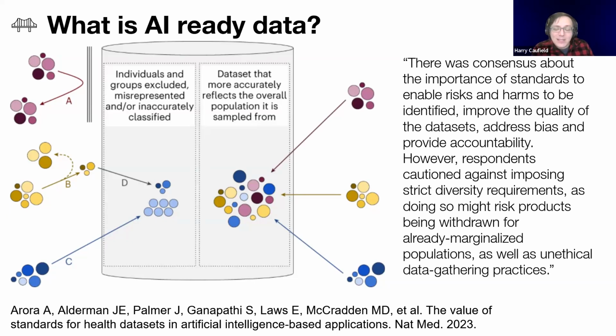But at the same time, there's a contingent of people who realize that sometimes that isn't as simple as just saying we need X number of people from Y group in our data set. Sometimes you find a product or an approach or a model that might actually work well for a particular population, sorry about that, but it might actually be withdrawn because we didn't test it on enough of this other group.